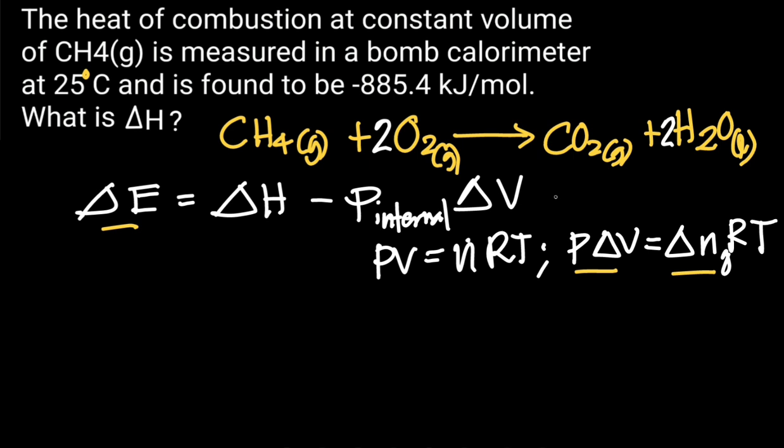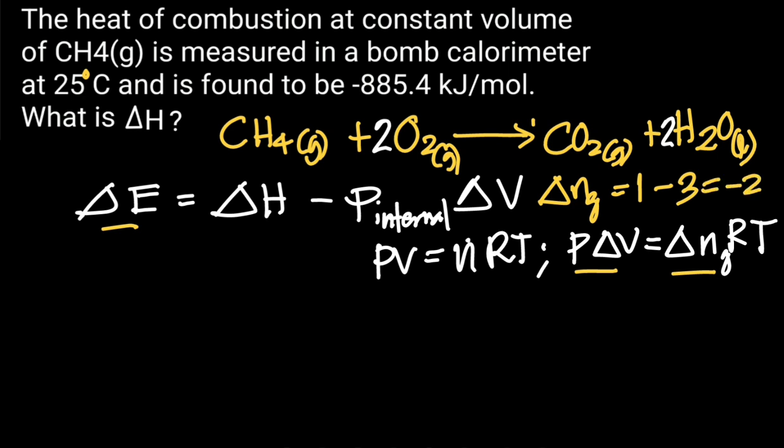So let's solve for delta n of the gases. The number of moles of water is not included since it is liquid. The number of moles of the product, carbon dioxide, is only 1 mole, minus the total number of moles of the reactants, which is 3. So this is just equal to negative 2.